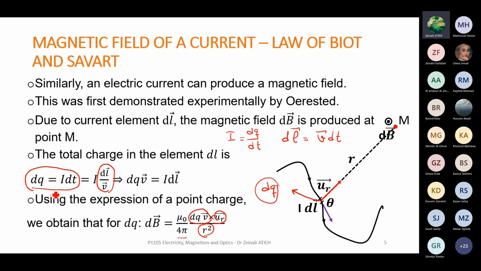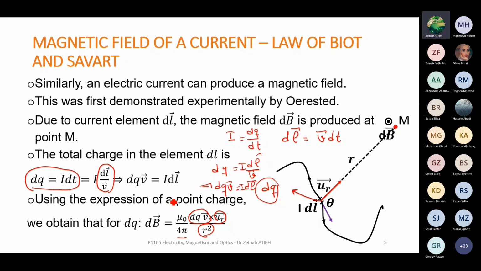So cross multiply, you will get dq equals I dl over v. dl, again, is an infinitesimal vector tangent to the trajectory at a certain point. So cross multiply, you will get dq times v equals I dl.